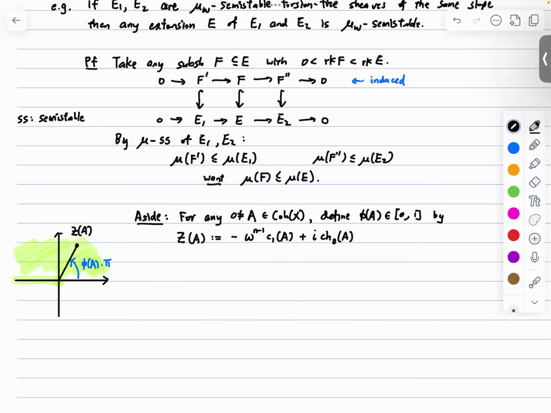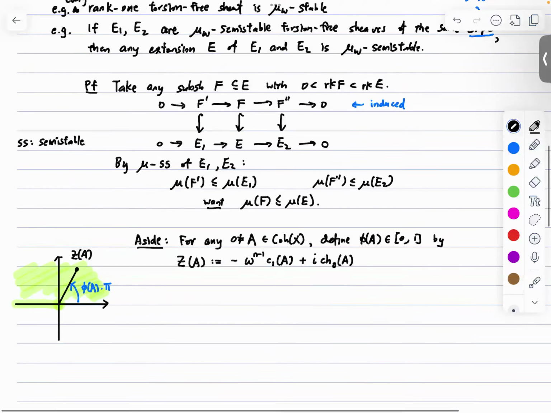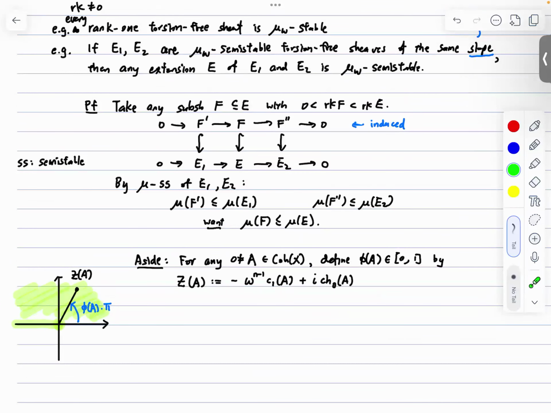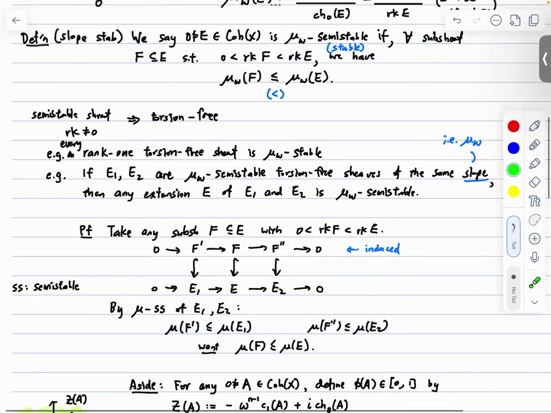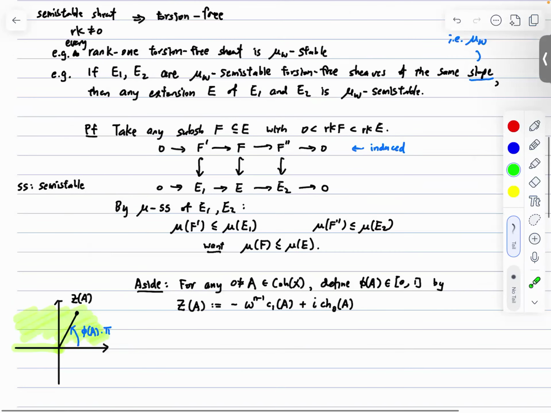And then you can check that if you look at the definition of slope stability, but every time you see mu sub omega, you replace it by this number phi, you'll see that you get an equivalent definition of slope stability.